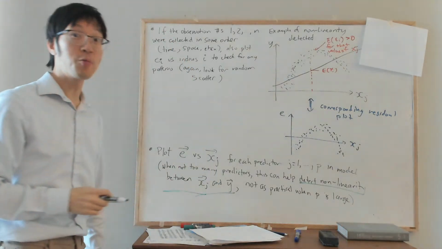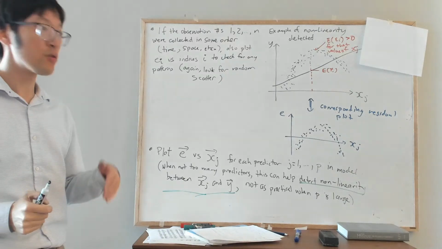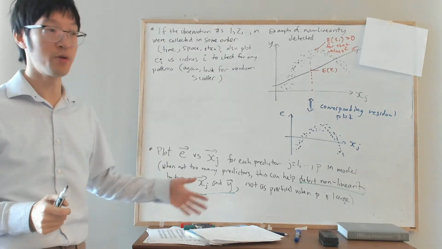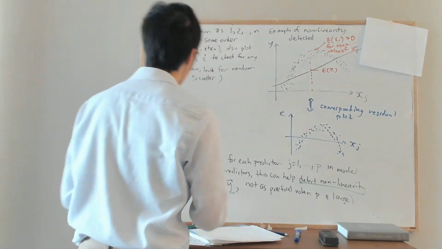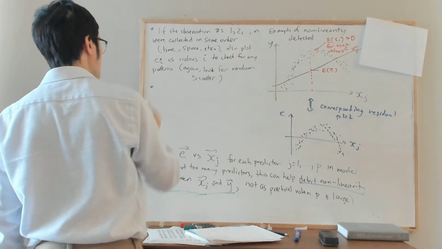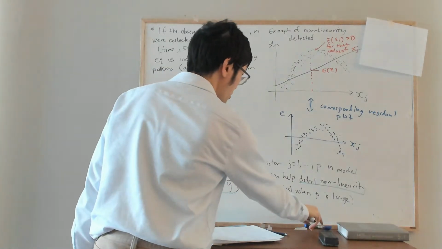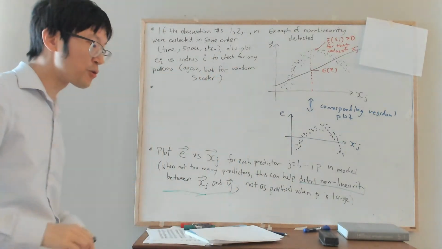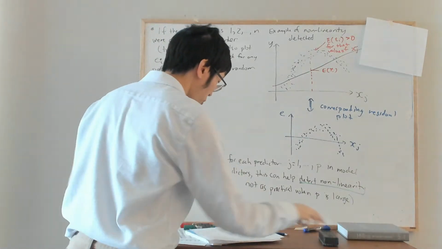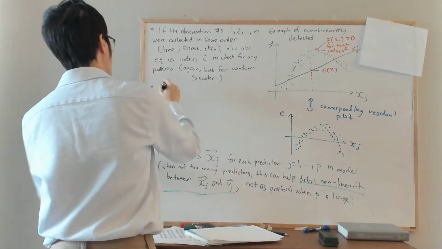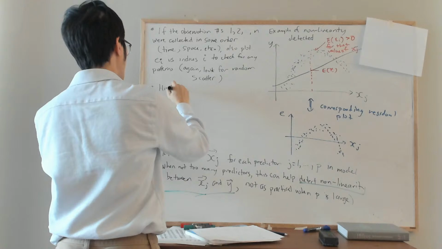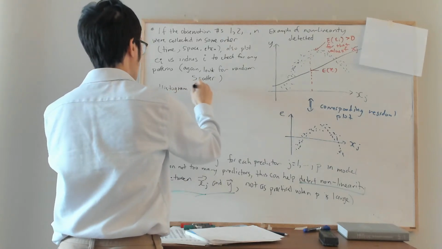What we haven't addressed yet is the assumption that the errors are normally distributed. So how do we check whether a bunch of values are normally distributed? First, we can start with a histogram of the residuals.